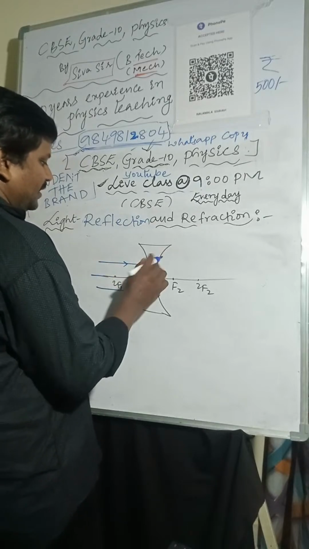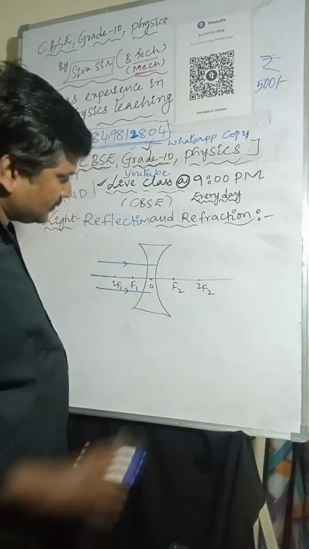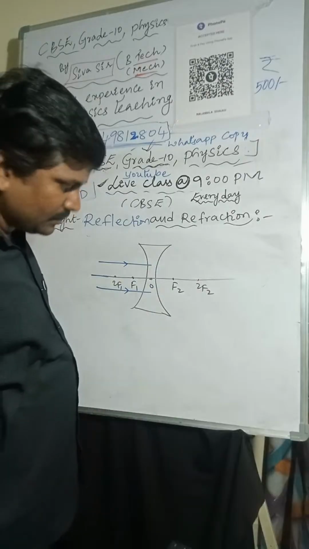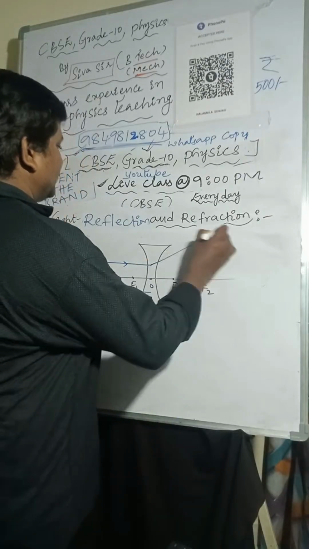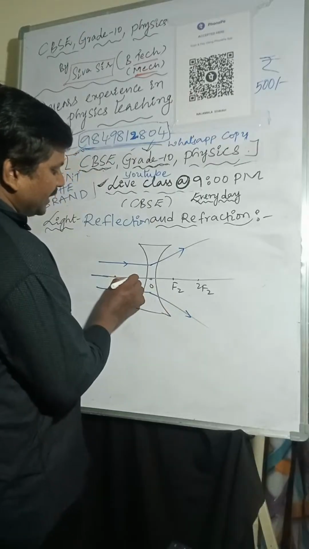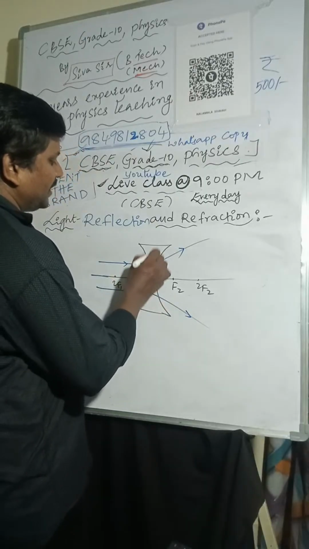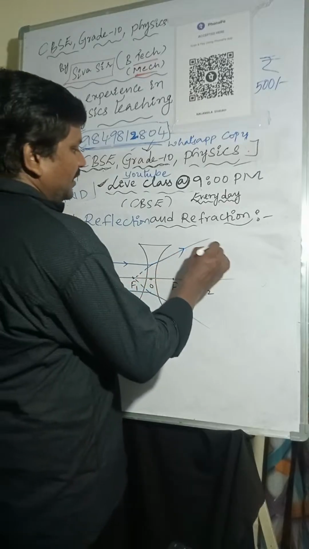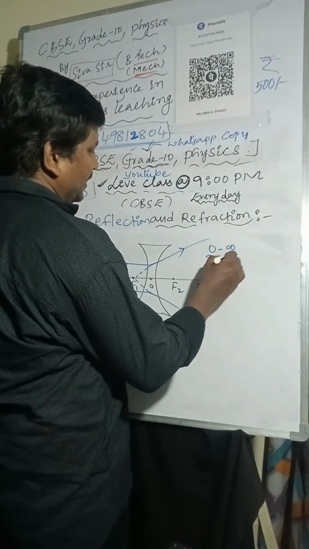So here I am taking one light ray like this, another light ray like this. If you extend, those light rays will meet here. Object is placed at infinity, image will form at F1.